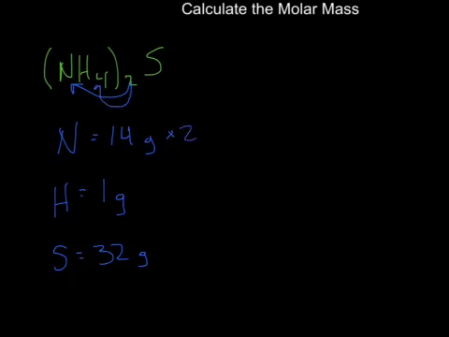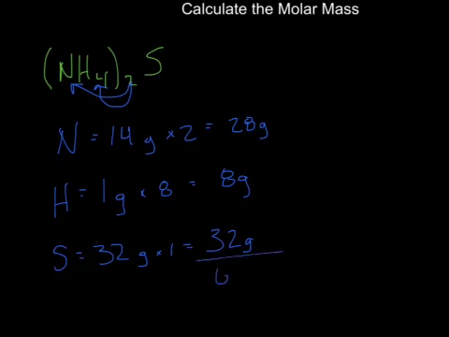And we have 2 times 4 is 8 hydrogen. Sulfur all by itself. So now we come out to 28 grams of nitrogen, 8 grams of hydrogen, and 32 grams of sulfur. Add them all up. 68 grams is the molar mass.